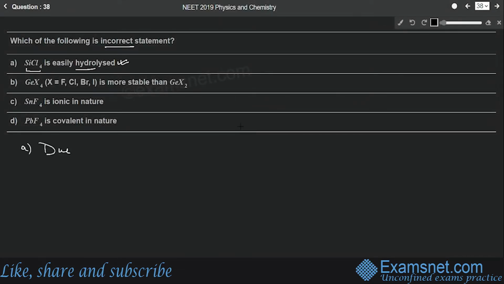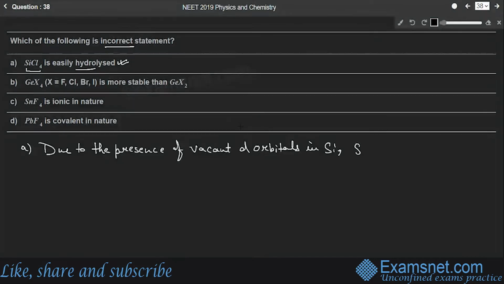Due to the presence of vacant d orbital in silicon, this compound, that means silicon tetrachloride, will accept a lone pair of electrons.